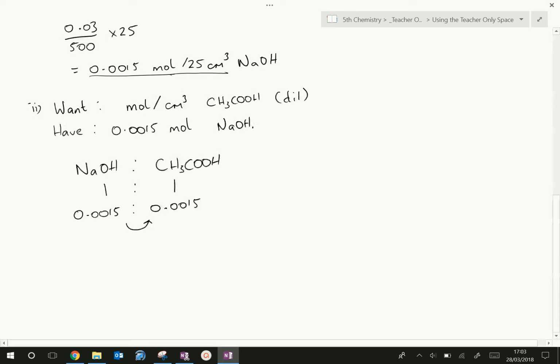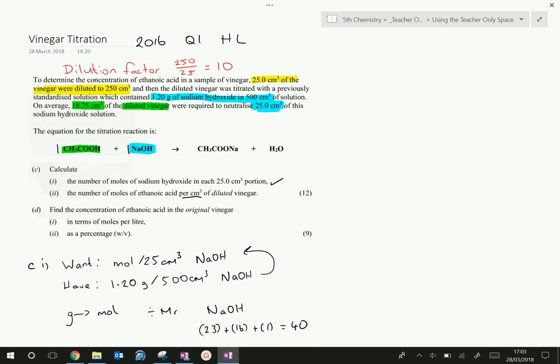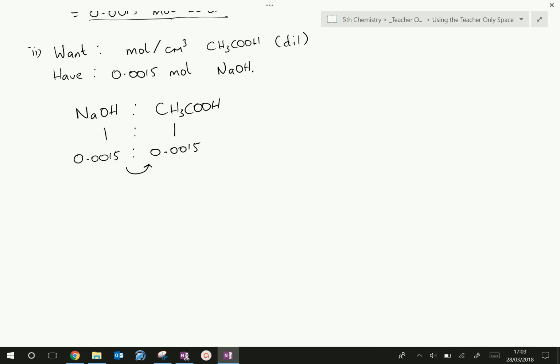If we go back up to the top and look at our green, we used 18.75 ml of vinegar. So that 18.75 ml of vinegar contained 0.0015 moles of ethanoic acid. So we have 0.0015 moles per 18.75 ml of ethanoic acid dilute.